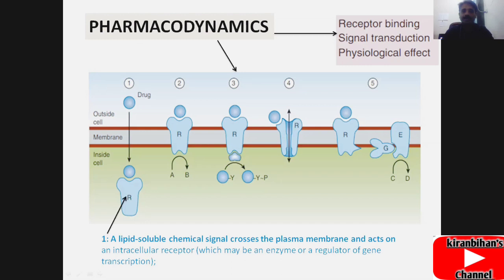In pharmacodynamics in detail, we can study the receptor binding, signal transduction, and physiological effects. The pharmacodynamic effects may be mediated by two mechanisms, receptor-based mechanisms and non-receptor drug actions.